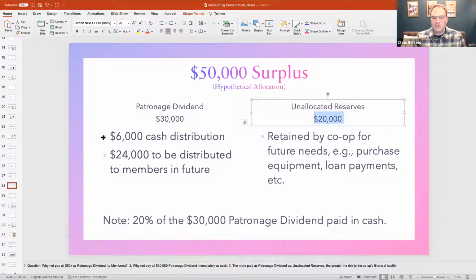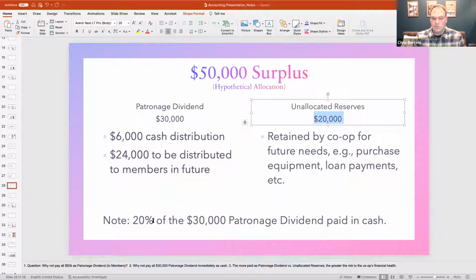The second decision is basically these bullet points. How much of that $30,000 patronage dividend are you going to pay in cash? In this instance, I just said 6,000 is going to be paid. 6,000 out of 30,000 is going to be paid to the members today, and then the 24,000 is, I guess the way to look at it, temporarily retained by the co-op, and will be paid out in the future.